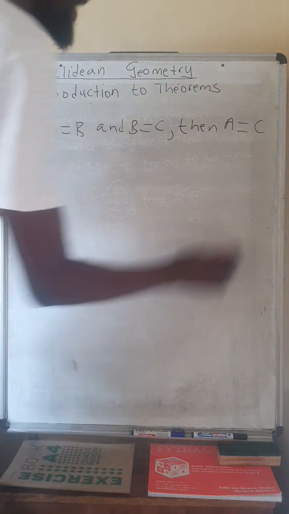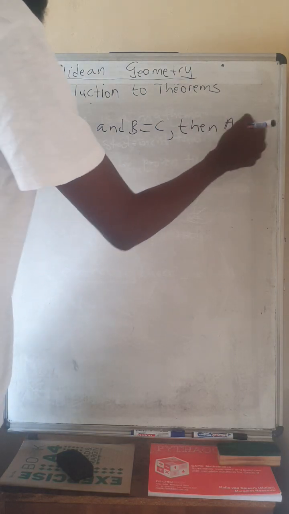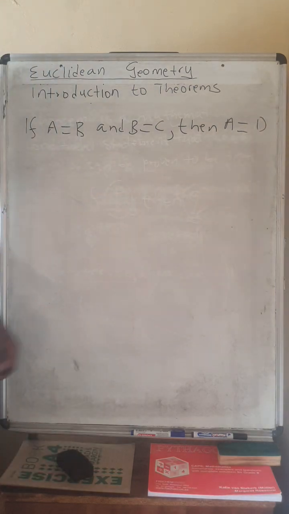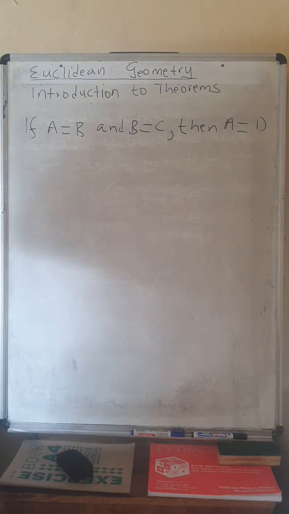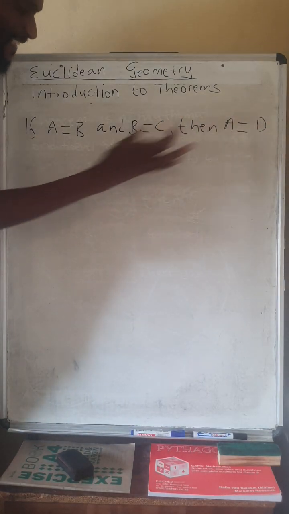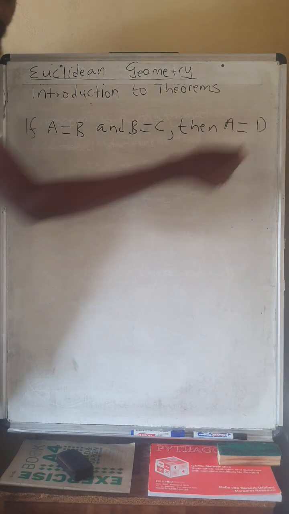But if I come and change my conclusion and say A will be equal to D. Where is this conclusion coming from? Is this supporting what is given to us? Will this be the result of the condition given to us? Where am I getting the statement A equal to D?